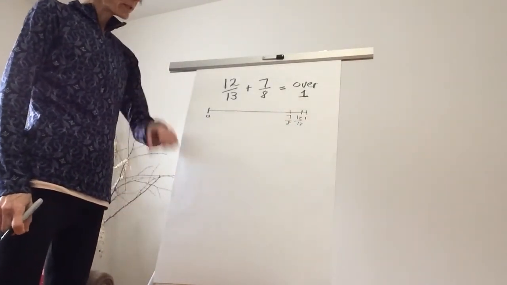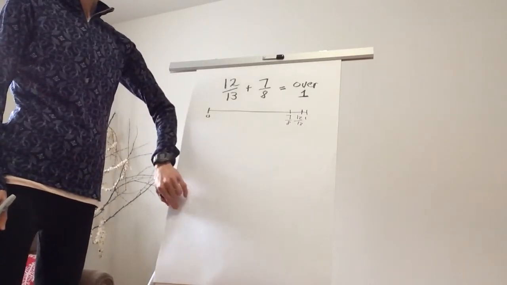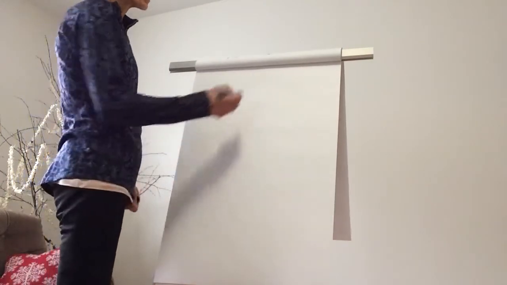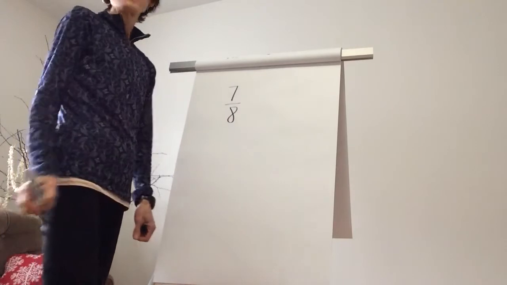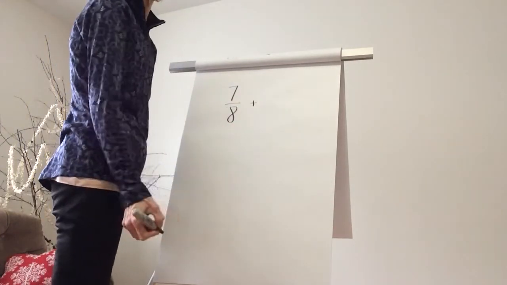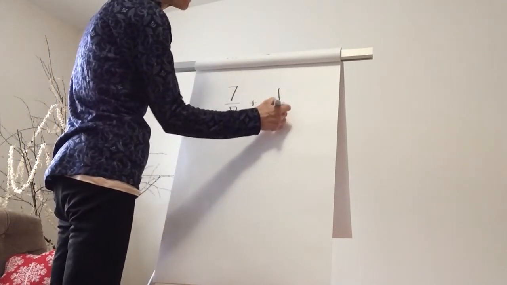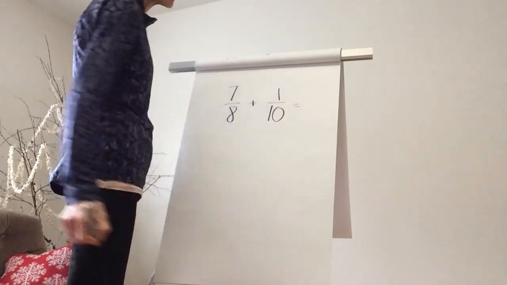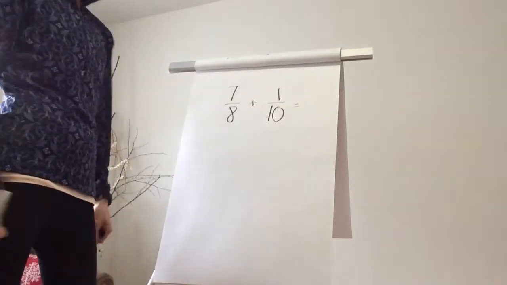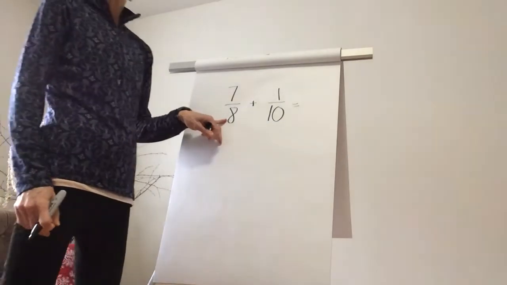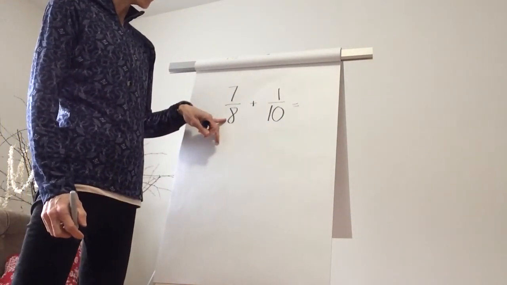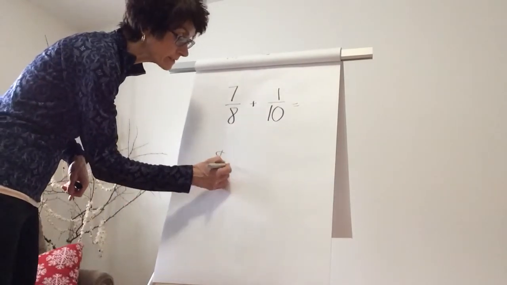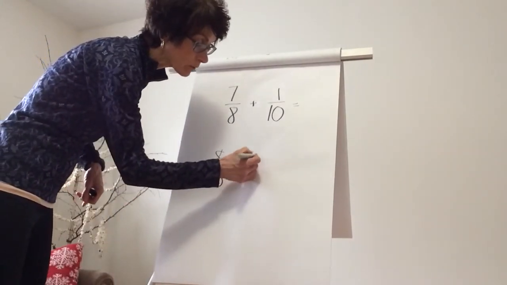All right, let's try another one. This one, let's look at the relative size of a fraction. Okay, so if we had 7/8, and we wanted to add to that 1/10. Okay, so we don't have time with a pen or a pencil. We look at 7/8, and that's only 1/8 away from 1, because we know that 8 over 8 equals 1, doesn't it?